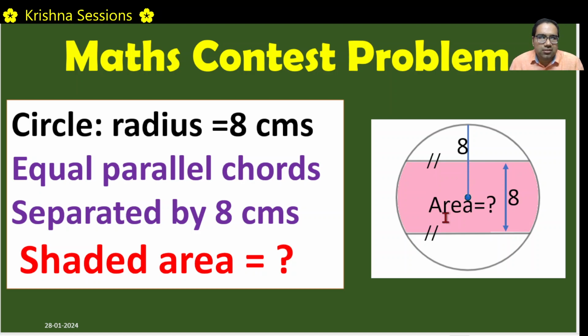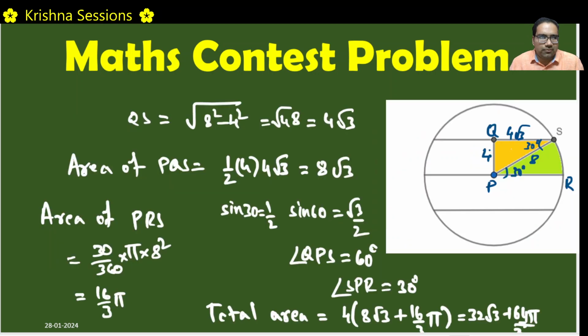Now to calculate this total area, there is no direct formula for calculating area where a curve is involved. So we try to do some adjustment to break this area into parts or structures whose areas we can find out using formulas.